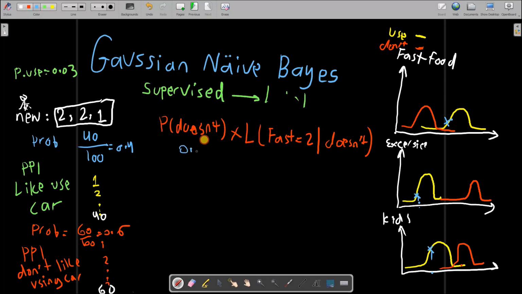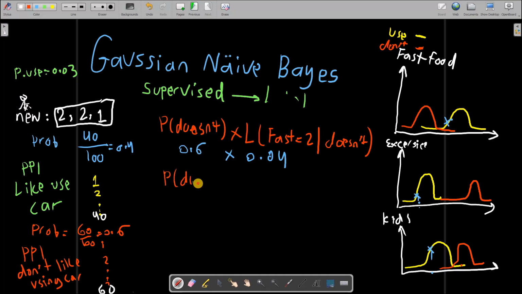It is 0.6. And we need to multiply that by the likelihood. But the likelihood used here is those red ones, because these are the distributions when somebody does not use a car. In our case, let's make it here. And let's say that this equals 0.04, and then we will be continuing.